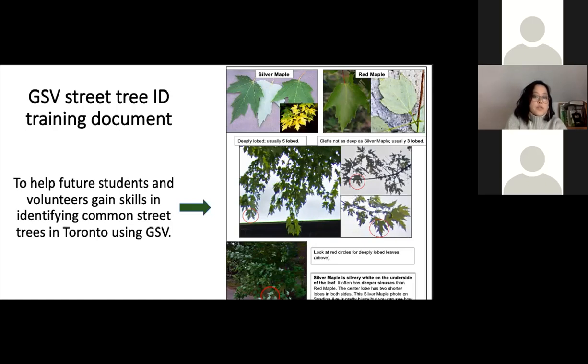The goal for this document is to have surveyors accurately identify street trees and thus provide consistency in the tree ID dataset. Identifying trees from GSV images can be very difficult because they are often blurry, making it hard to see important diagnostic features. So this training document is built around that limitation and attempts to use ID features that are at a larger scale.